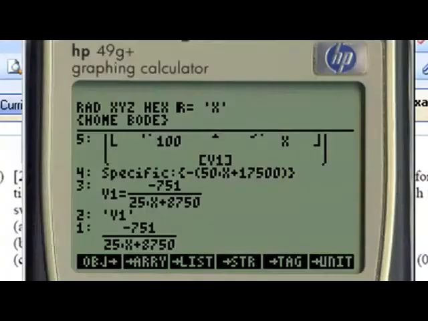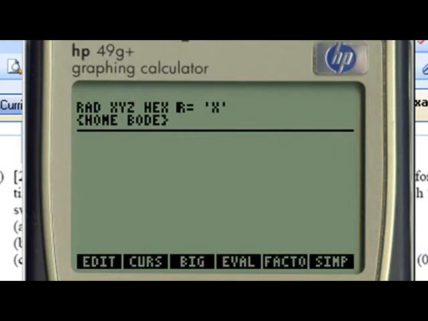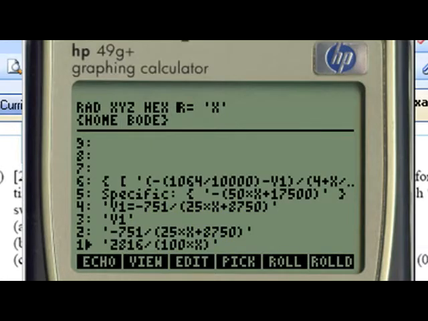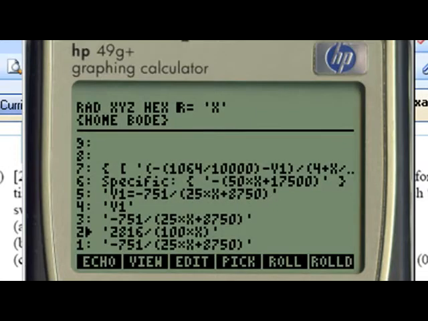Let me do it by parts. That's V1. Let me add 2816 divided by 100 times s, which is x in our combination. Enter, and I add those two values together. But that one at the top is a value I'm going to be using several times. So let me pick that, enter, so I have a copy of that V1 over there.